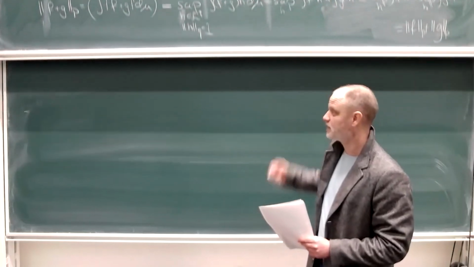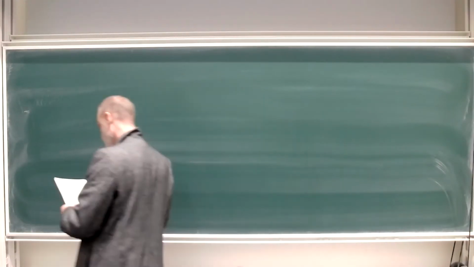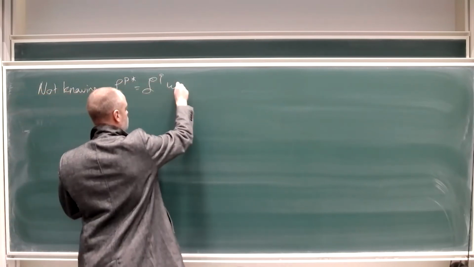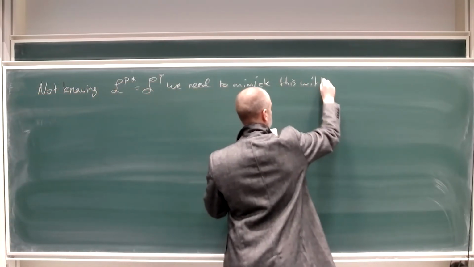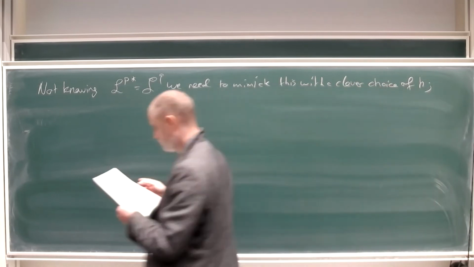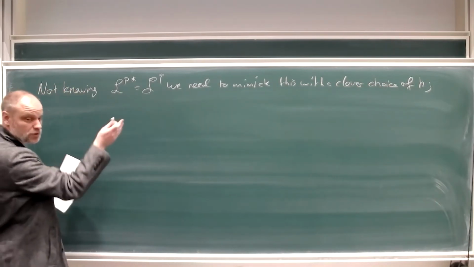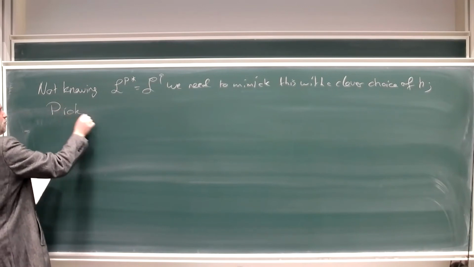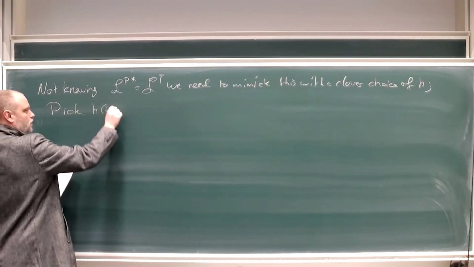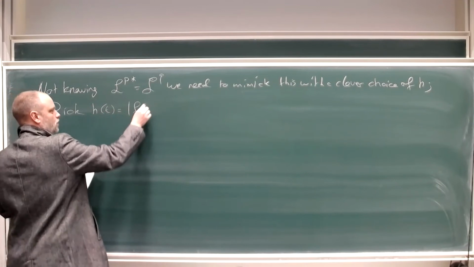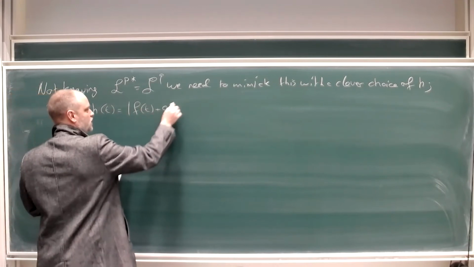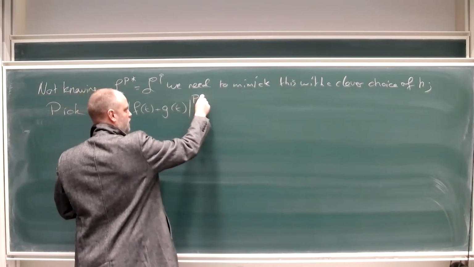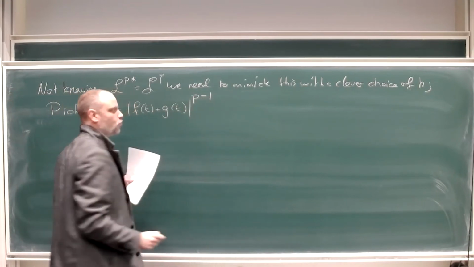Now let's see the details. Okay, so I just wrote what I just said before. Here comes the clever choice. Pick h of t equals f of t plus g of t to the power of p minus 1.